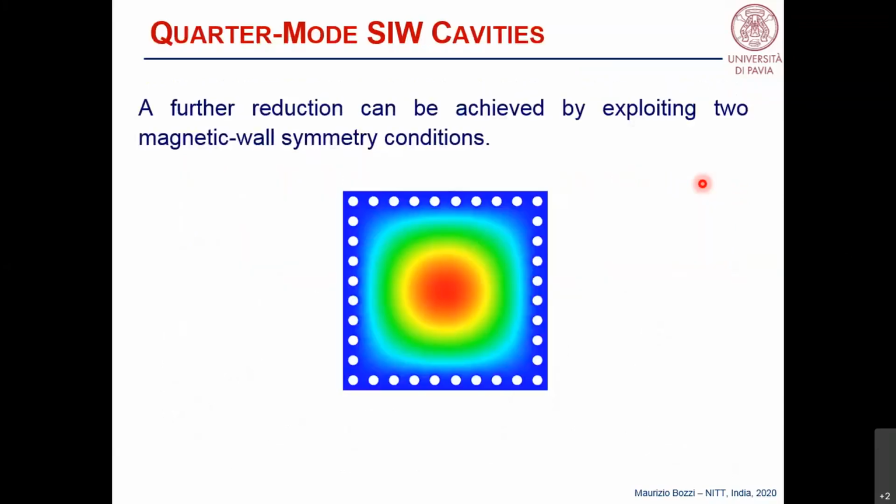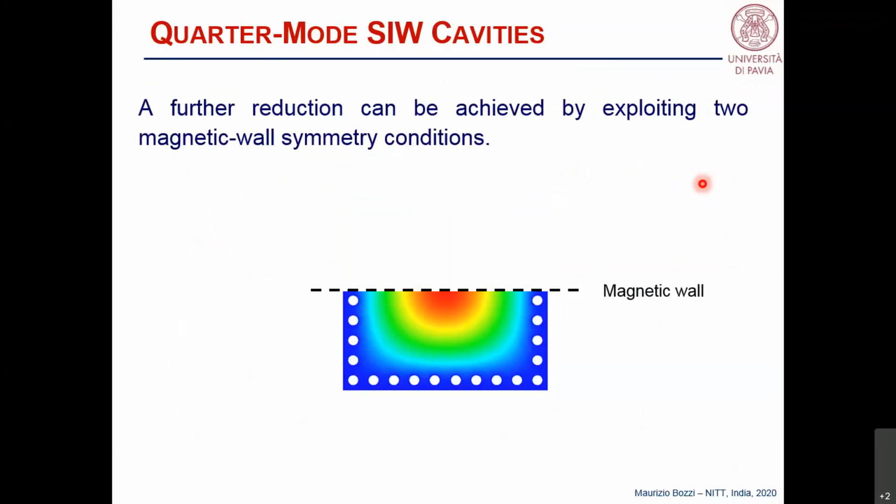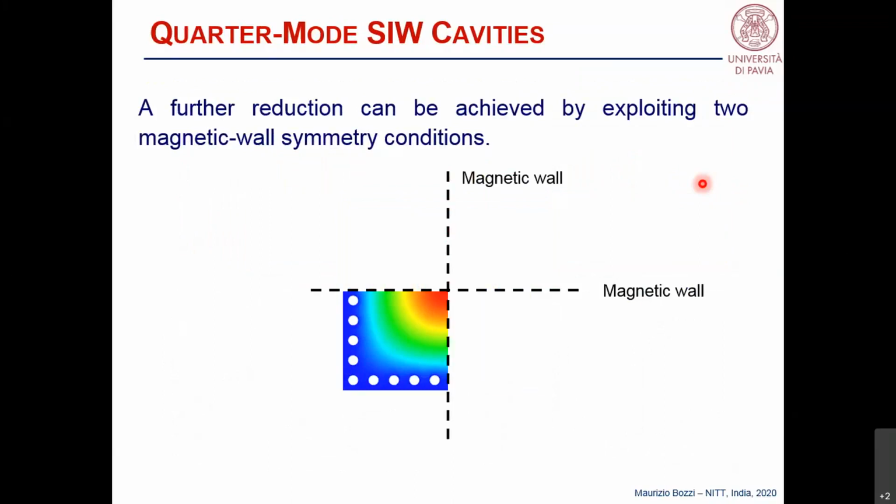The concept of the half-mode SIW cavity can be further extended if we consider, of course, one symmetry plane and we remove half of the structure, the other symmetry plane, and we remove another half of the structure. So in this case, we remove 3/4 of the structure and we get the so-called quarter mode SIW cavity.